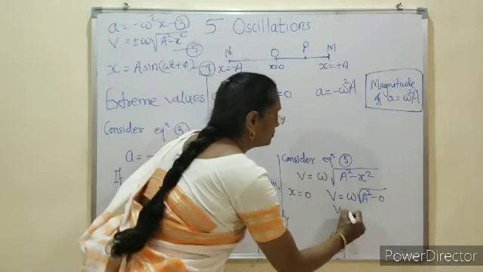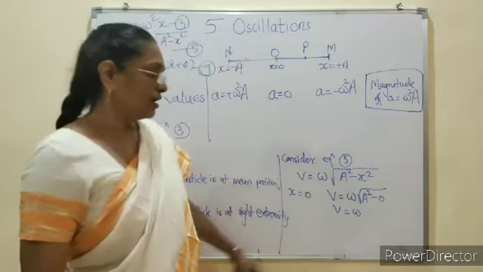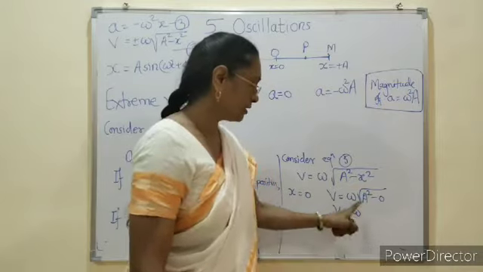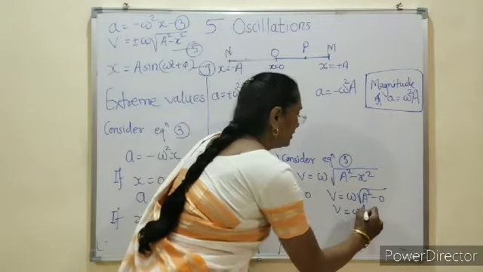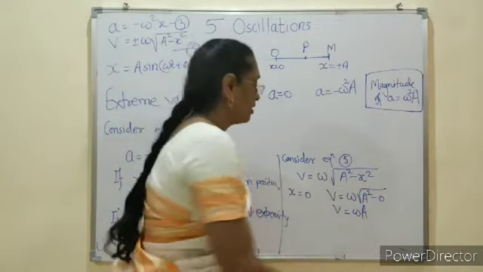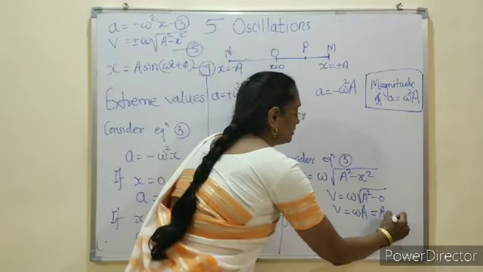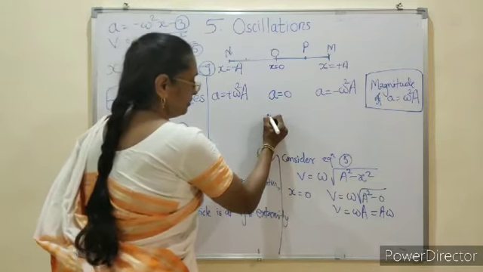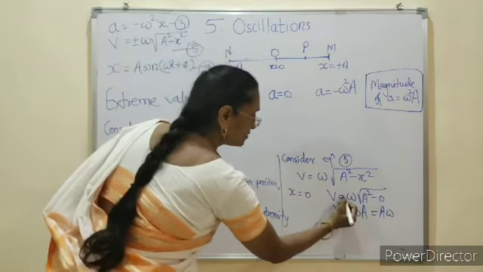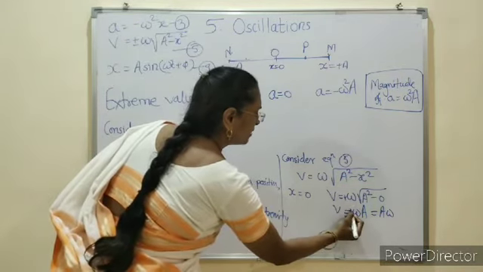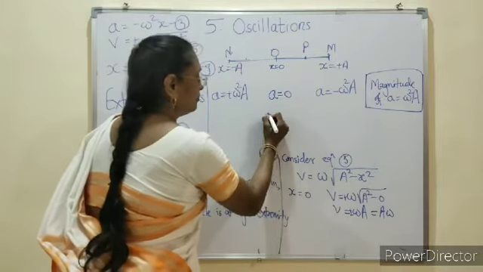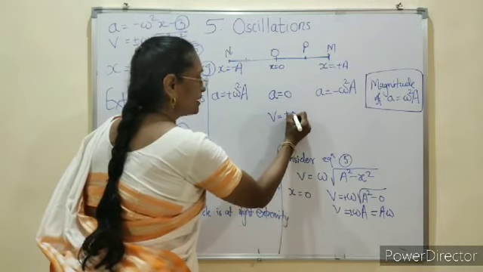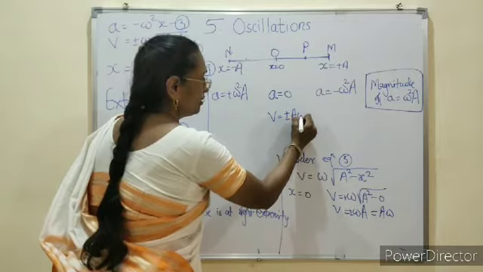It can be taken outside the root and it becomes omega A, or generally it is written as A omega. If it is taken with both signs, then V is equal to plus or minus A omega.